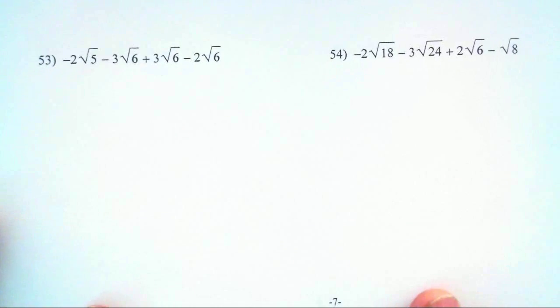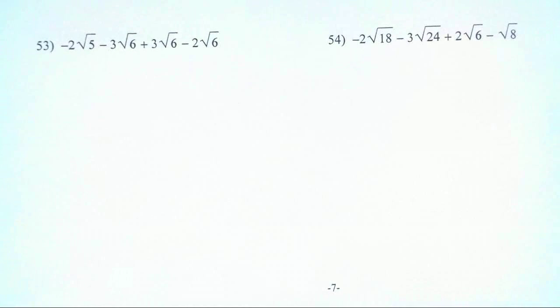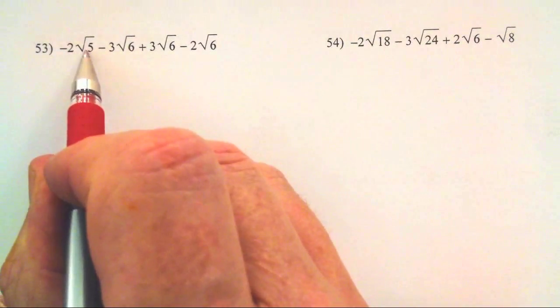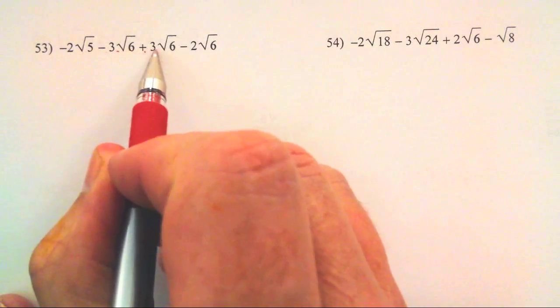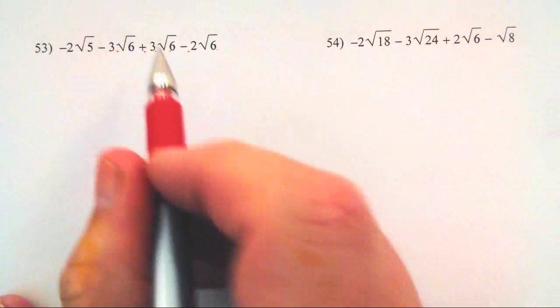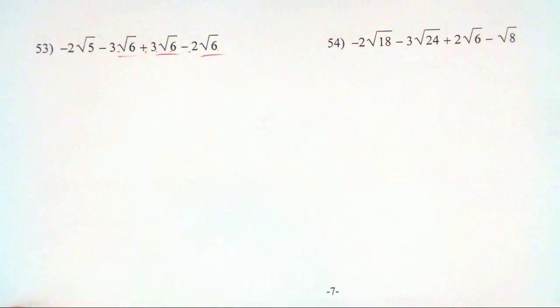Okay, these problems were back in our chapter 1, but we had some challenges with some of these things. So I can treat square roots just like they're variables. In my eyes, I might be looking at this as negative 2x minus 3y plus 3y minus 2y. I can combine all of those. But the first thing I ought to do is see if I can break anything down.